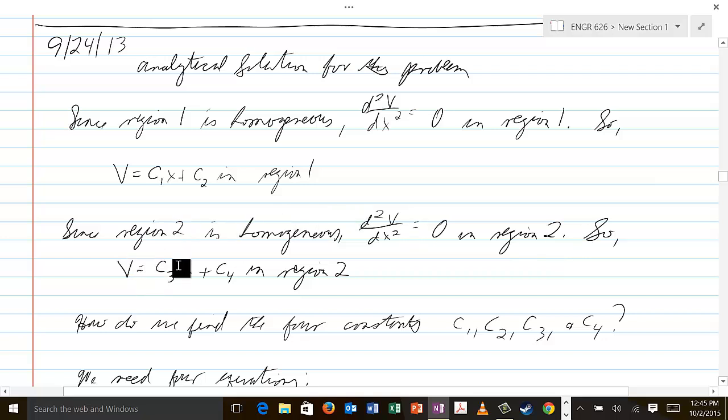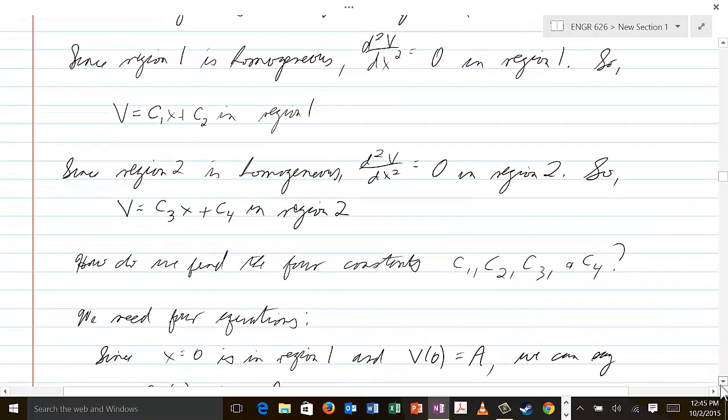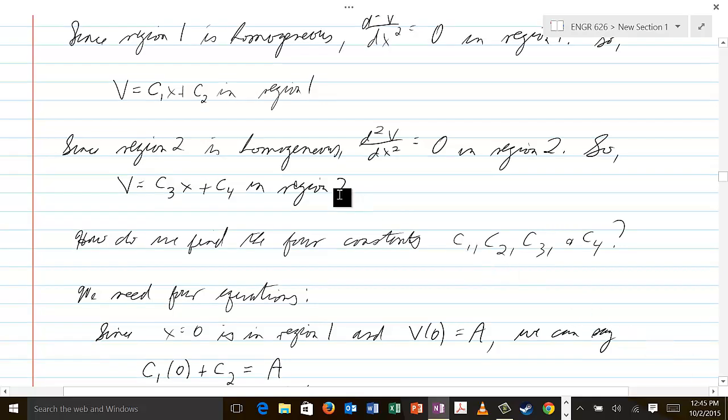So here we'll say c3x plus c4. So now the question is, if V is equal to c1x plus c2 in region 1 and c3x plus c4 in region 2, then how do we find the four constants c1, c2, c3, and c4?